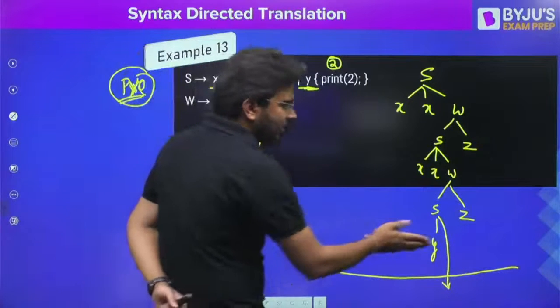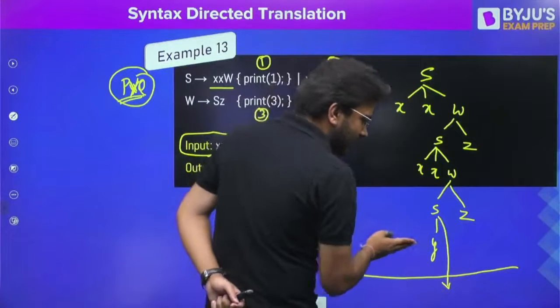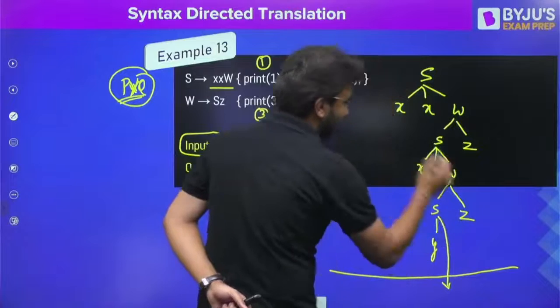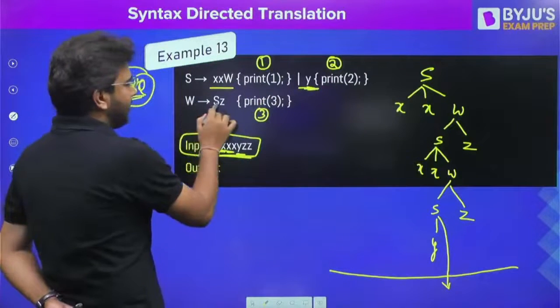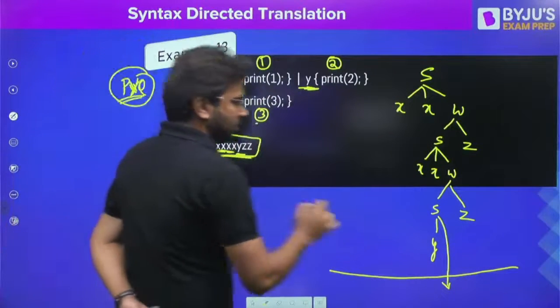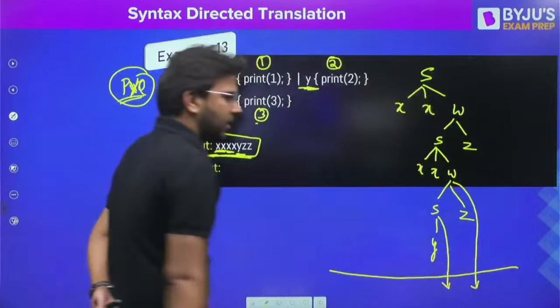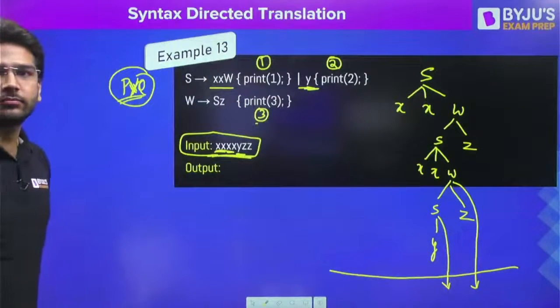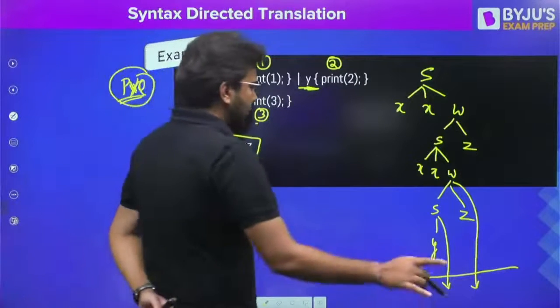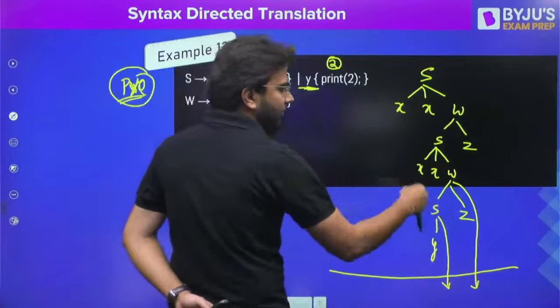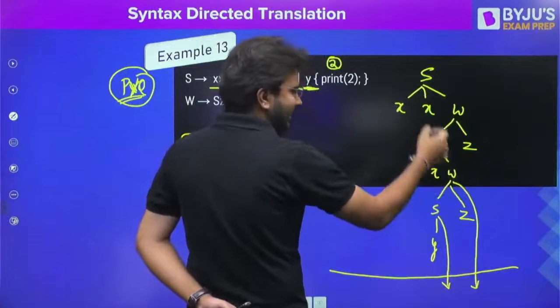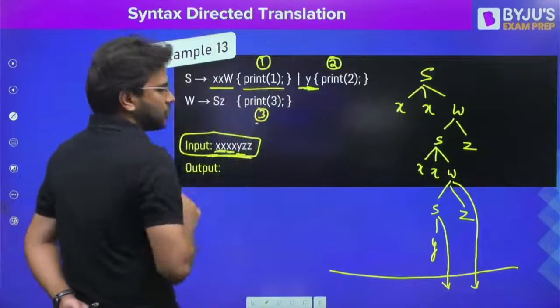After this, left to right. Depth first is done. Left to right. Then we have SZ. W derives SZ. Then we have this third translation. So that means here we are going to have the arrow downwards. Clear? Is it clear to all of you? Now carefully see this. Go further to right. X X W. Then we have this one.